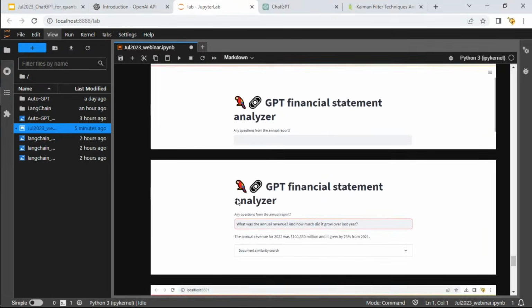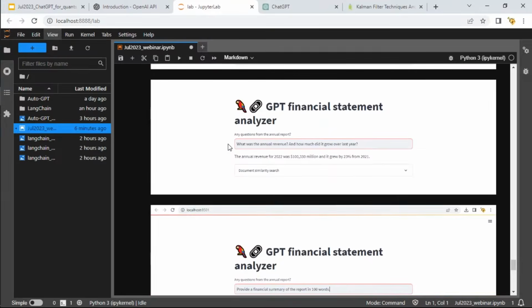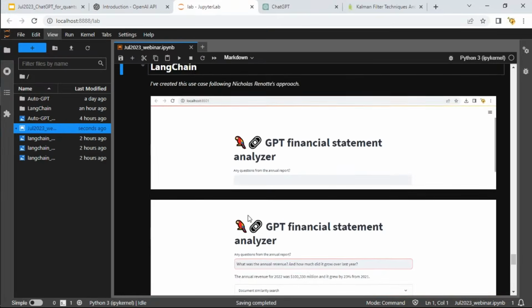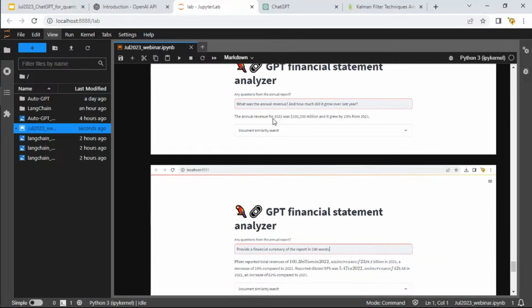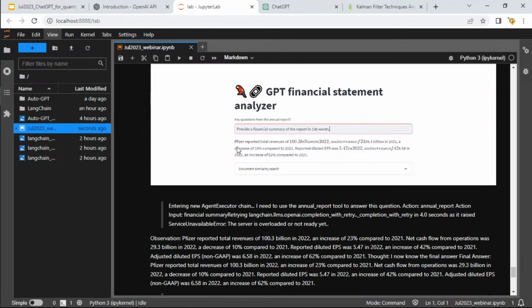Going through this and trying to find answers there takes a reasonable amount of comfort with going through financial statements and stuff. Now, what this tool does is I created this statement analyzer where I asked what was the annual revenue and how much did it grow over last year. So it gives me an answer like the annual revenue was 100.3 million and it grew by 23% from 2021. Then the next question was provide a financial summary of the report in 100 words.